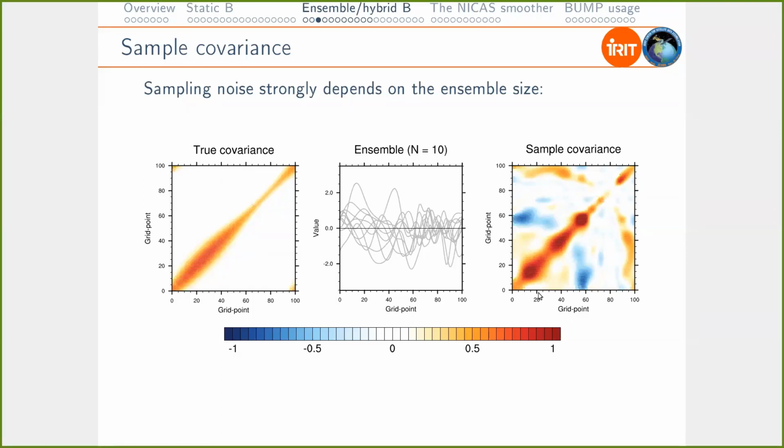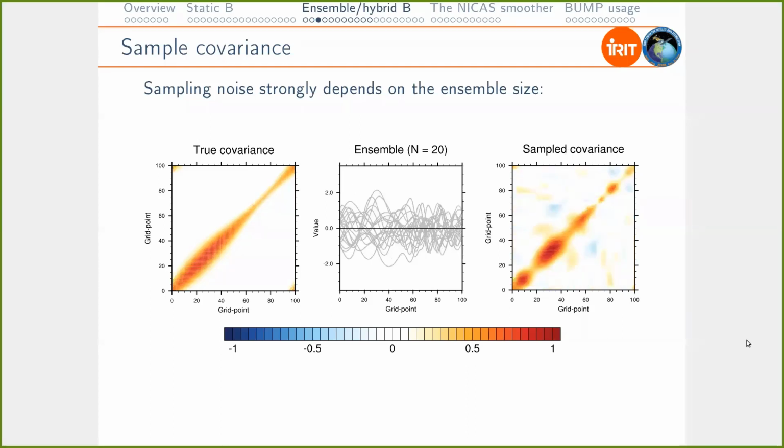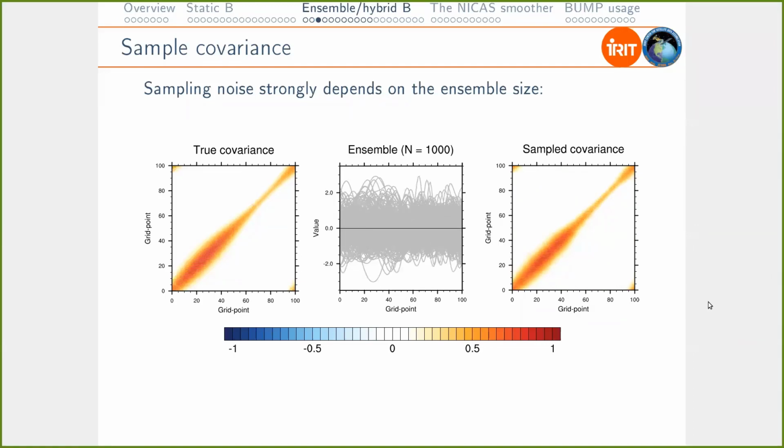If we increase the number of members, here 20, 30, 50, we see that the sampling noise is reduced and we get closer to the true solution on the left. And if we have 1,000 members, we get back to the true covariance.